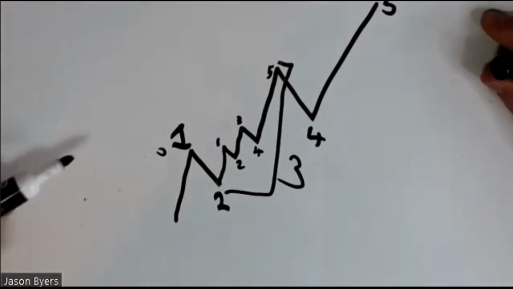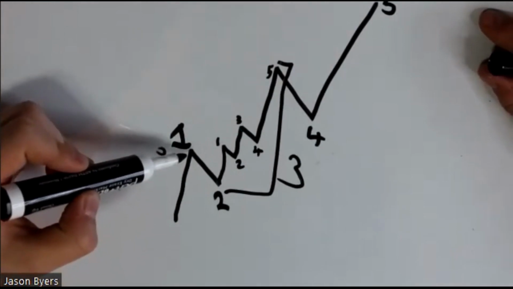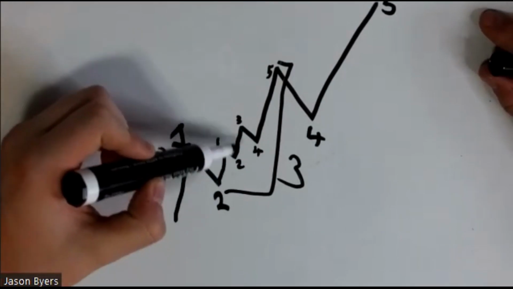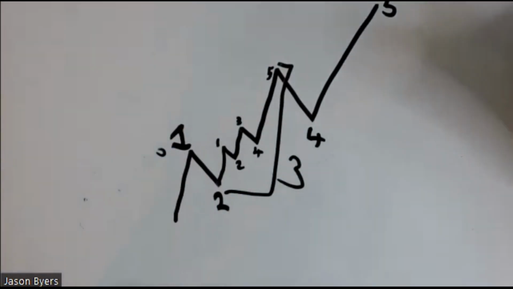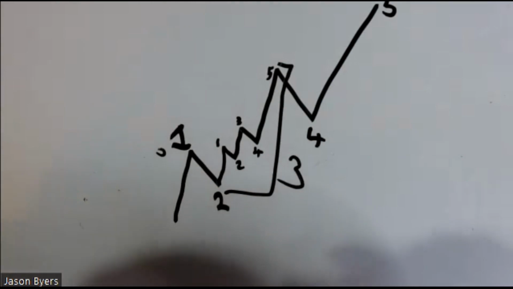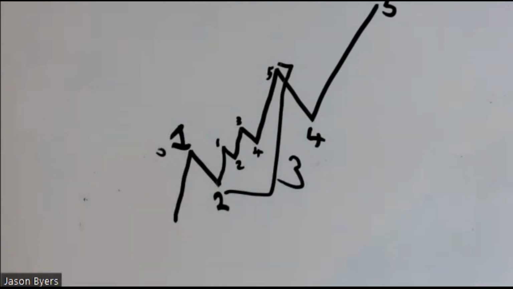Okay, so it looks like this. So, for example, wave 1 to the upside, counter wave, and then there's another smaller 5-wave pattern in the main wave 3. Now, this can happen for all 3 main waves.